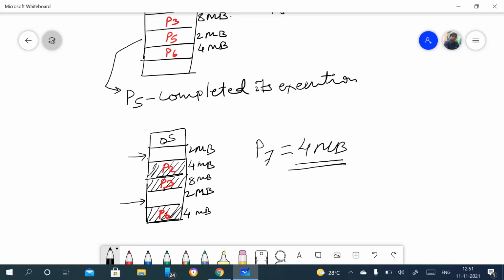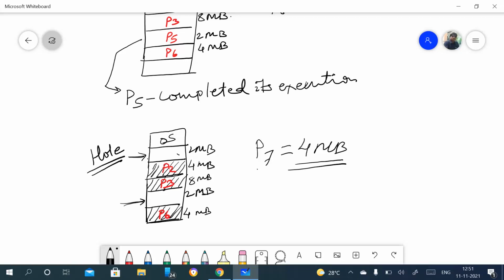These two slots are free, but this is 2 MB and this is 2 MB, right? So we cannot keep P7 in either this slot or this slot. So this is nothing but a hole. Now how can we remove this drawback?